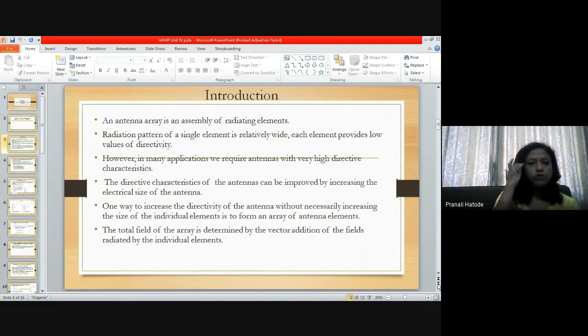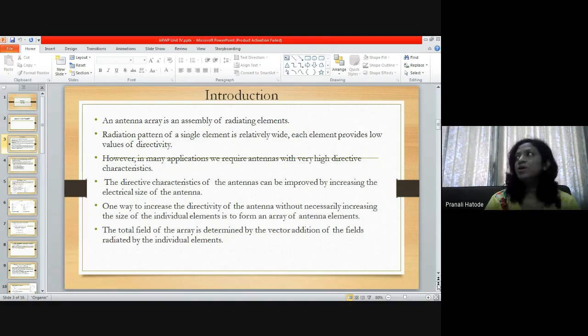Okay, so the directive characteristic of the antenna can be improved by increasing the electrical size of the antenna. This is one of the ways in which you can improve the directivity of an antenna. That is to increase the size of the radiating element physically or electrically, which is not always practically or economically possible.